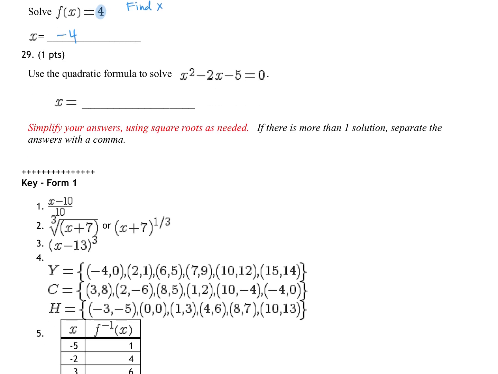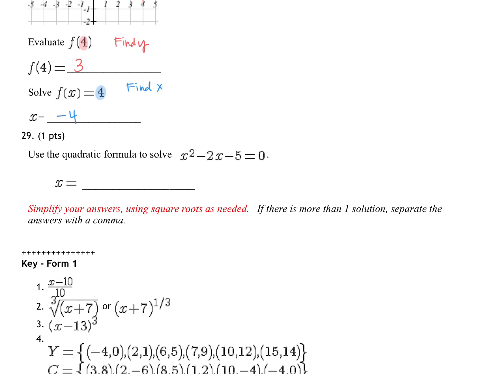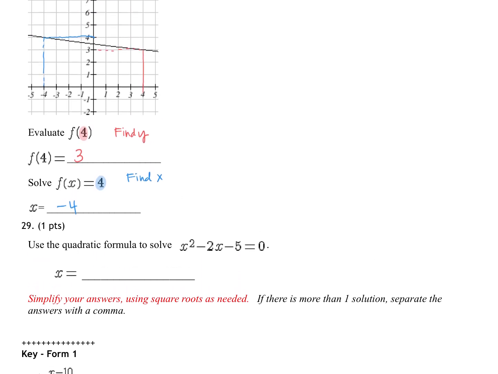All right, the last one, number 29, is use the quadratic formula to solve this problem. So we use all this blank space up here. For the quadratic formula, we have a is 1, b is negative 2, c is negative 5.